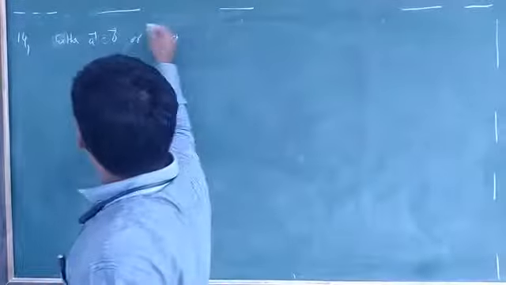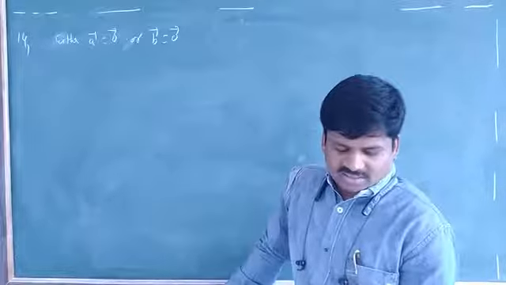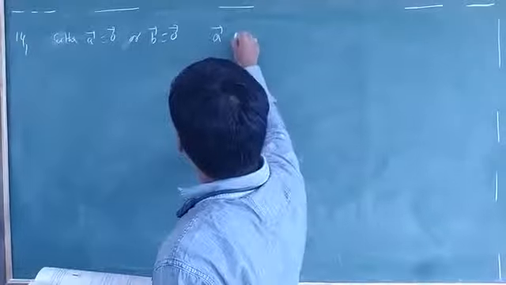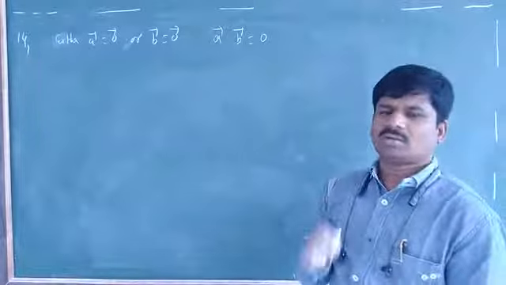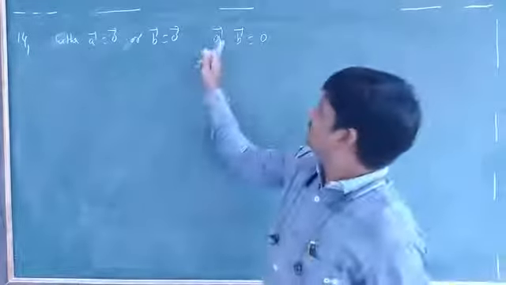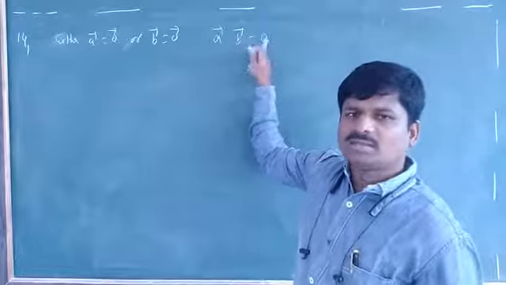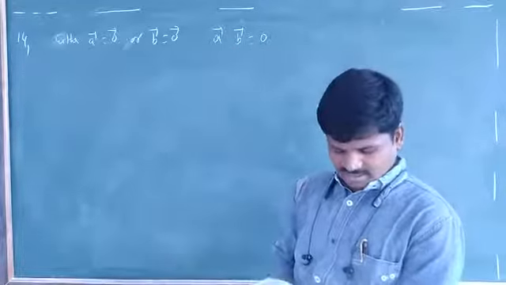Then A bar dot B bar equals 0 you get. Why? Because if any one vector is 0, compulsorily their dot product, a scalar, you will get as 0 only.